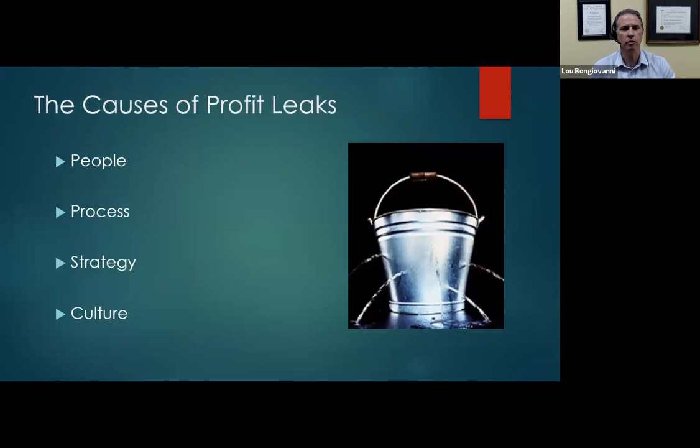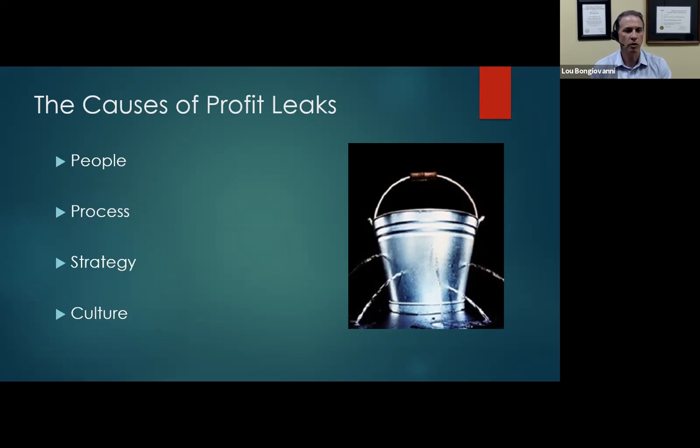Okay, just as a little recap of our first part, we focused on the causes of profit leaks, and we broke it up into 4 categories. One being people, the fact that people are unpredictable and inconsistent, that could cause profit leaks. Processes could be poorly or well documented. They could change as technology changes.